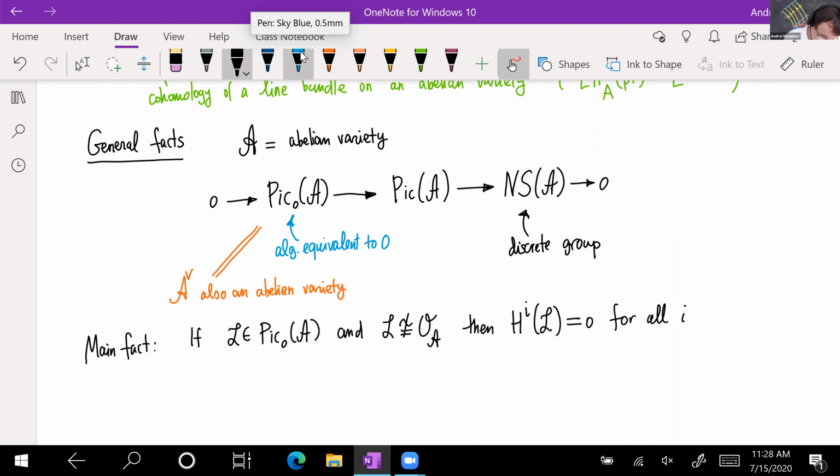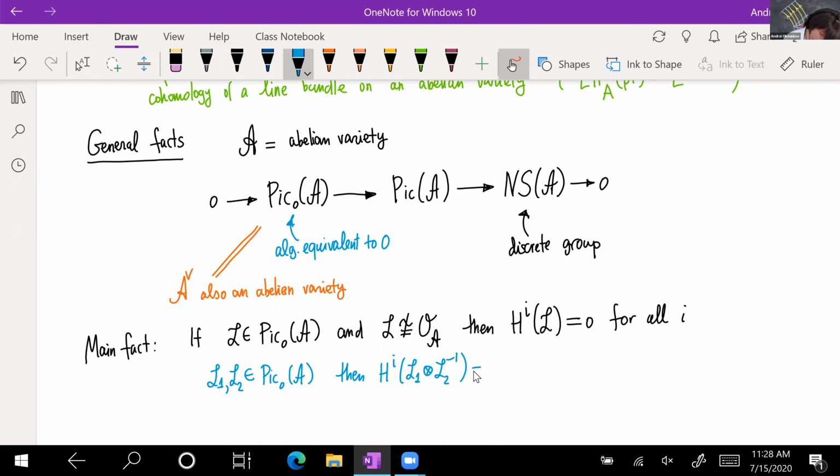What makes the Fourier-Mukai transform work is that if I have two different ones, L1, L2, two different ones, then if I take all cohomology of the ratio, that is 0 unless L1 is actually isomorphic to L2.